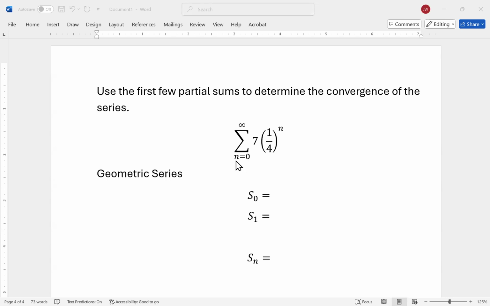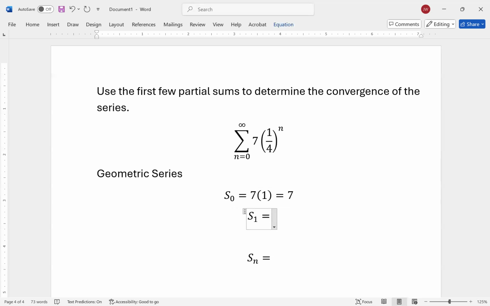If I start my count at n equals 0, then my S sub 0, the partial sum when n is equal to 0, is going to be 7 times 1/4 to the 0th power. That's just going to be a 7, because when I plug in 0, 1/4 to the 0th power becomes 1.